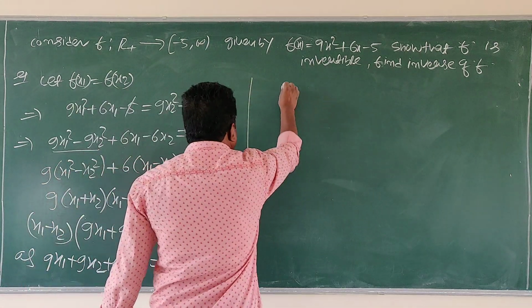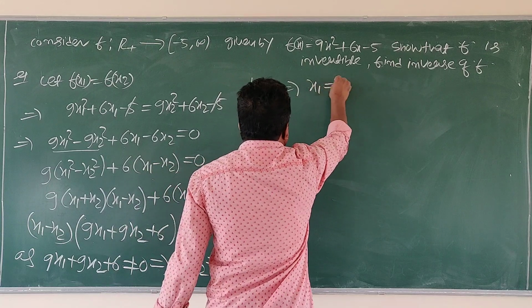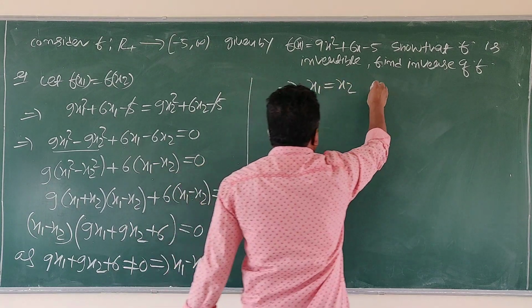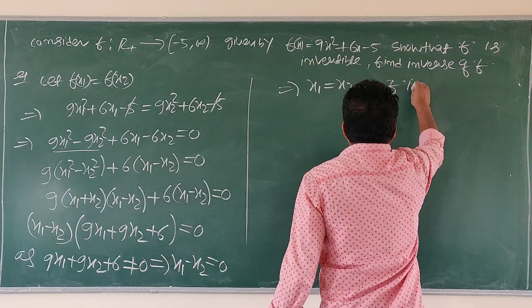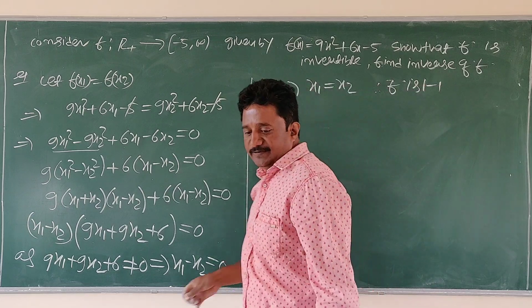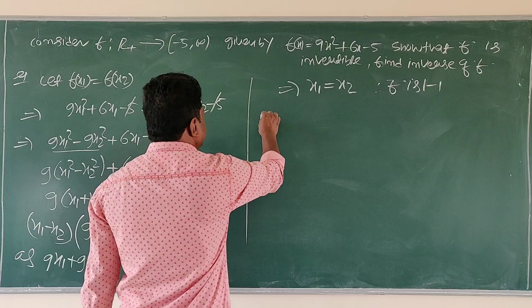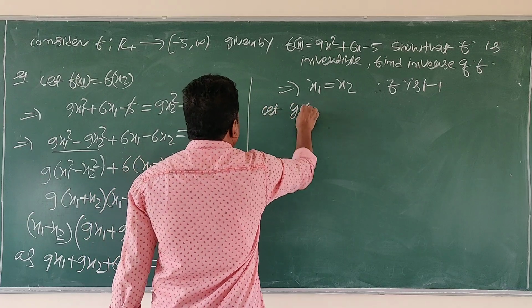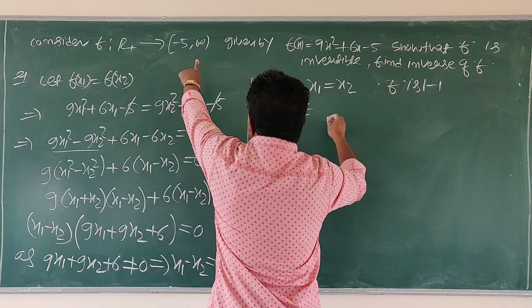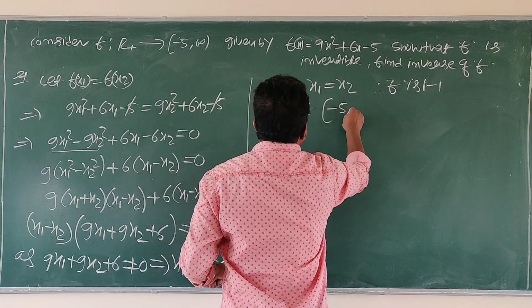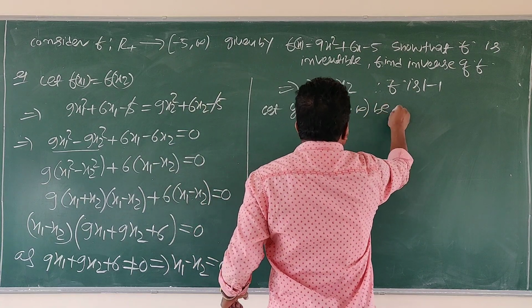So from this x1 equals x2, therefore f is one-one. Now onto, as usual, let small y belong to the second set. What is the second set? Minus 5 to infinity. Be any element.